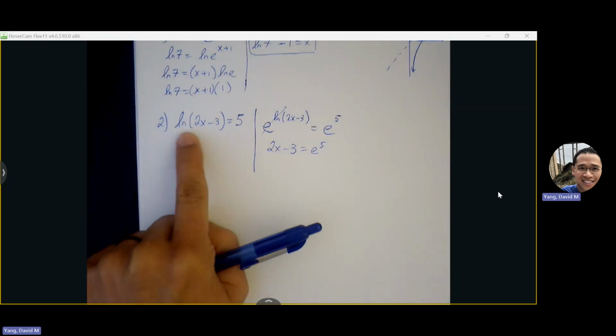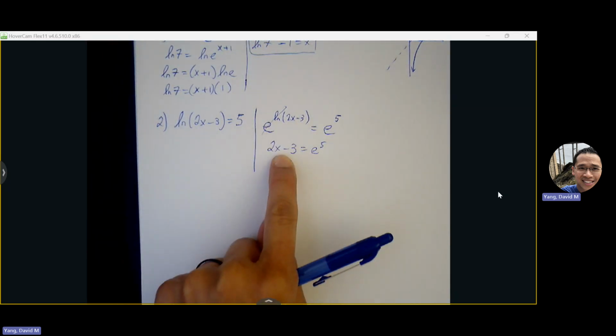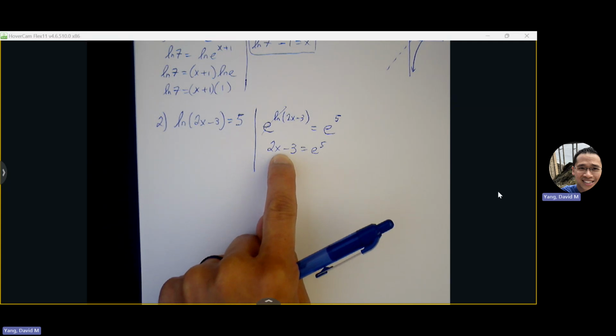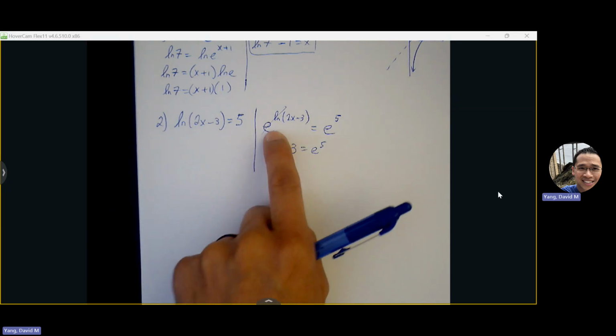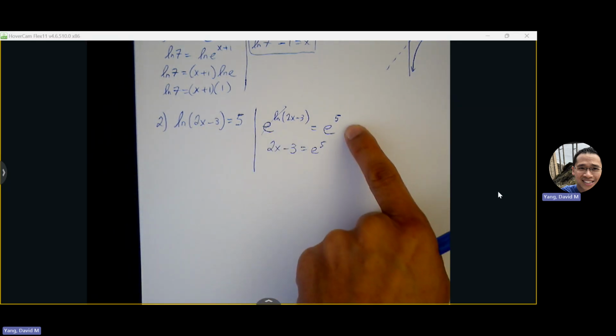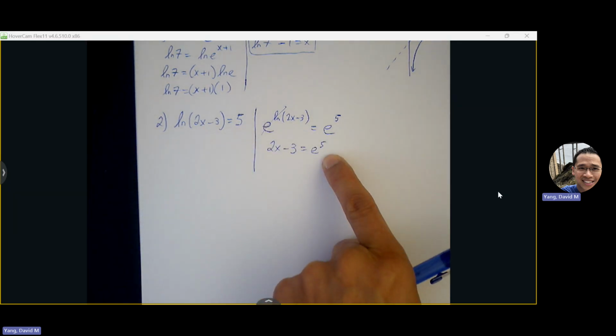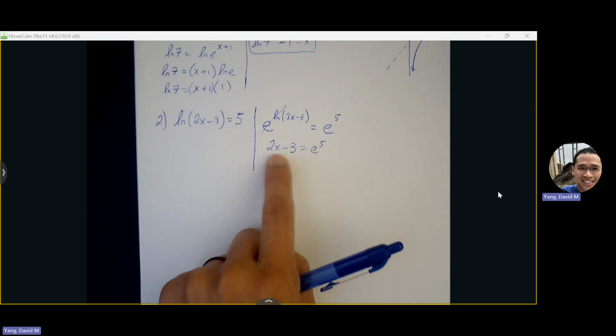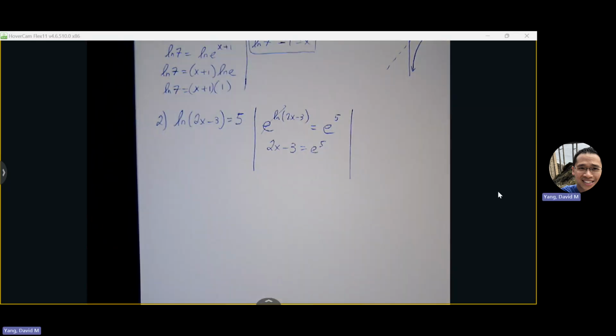Before, the x was stuck inside the natural log. Now it's being released. Now it's easy for us to solve for x. It's no longer inside a log expression. But we've also balanced out what we did on the left side with the right side. So that 5 is now turned into e to the fifth, but that allows us to solve for x. So now I can add 3 to both sides.